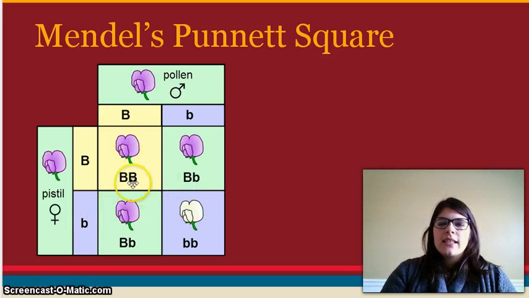And as you can see, you have capital B, that homozygous dominant form, which is going to show you the purple. Then you have capital B, lower b, which is your hybrid or heterozygous form, which still shows you that dominant form, because remember, we only need one form of that trait. And then we have lower b, which shows you the white form.